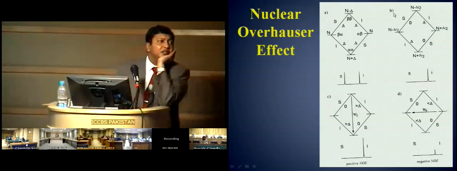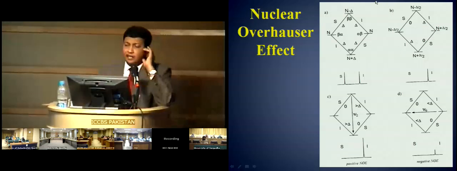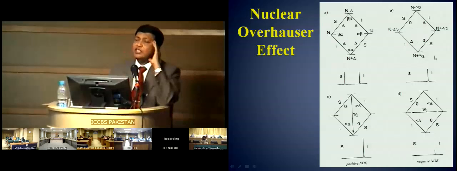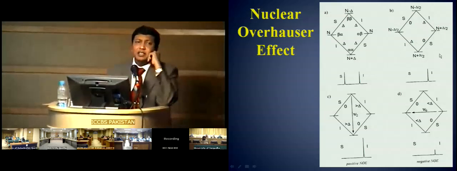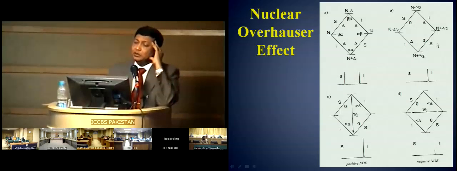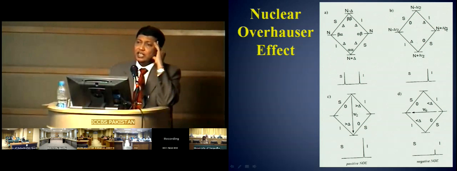Is this making sense? Very easy, what you have done by saturating the S, which is close to I, is to transfer a part of the population from this to this and this to this. There was a delta. You take half delta from here and put it here, right?